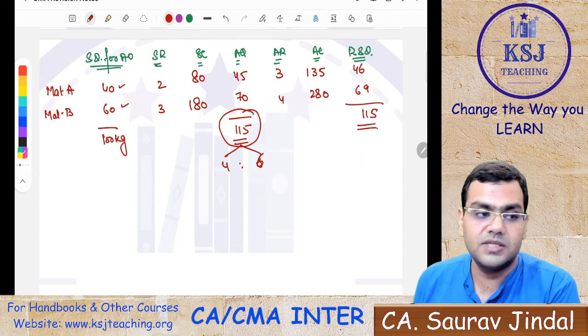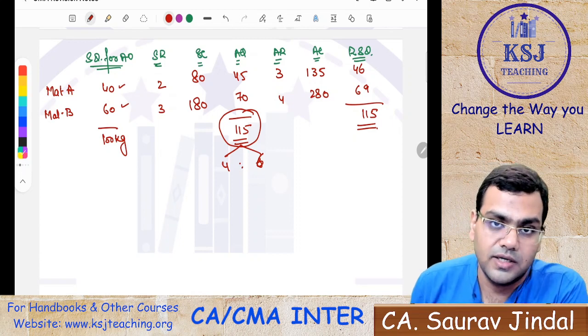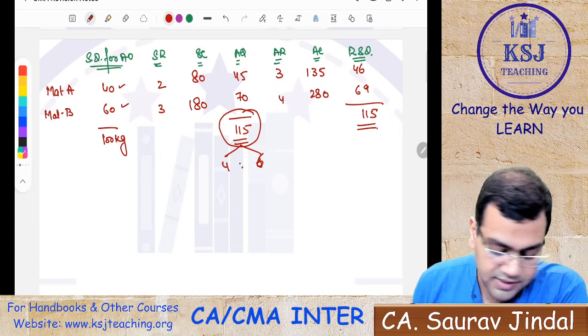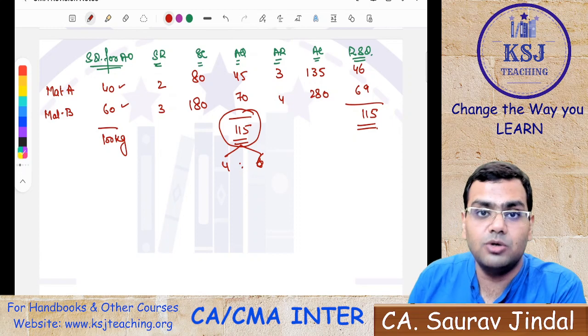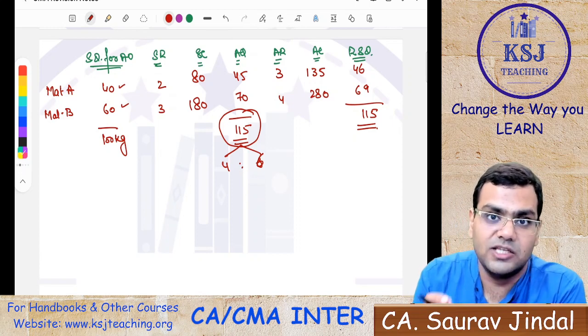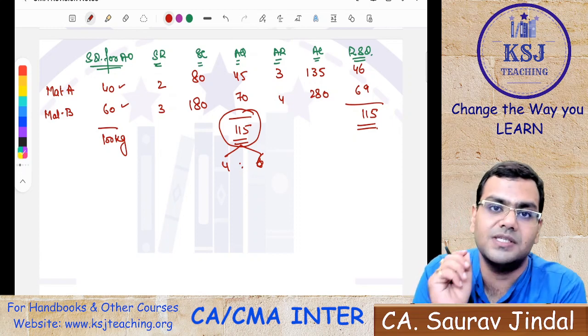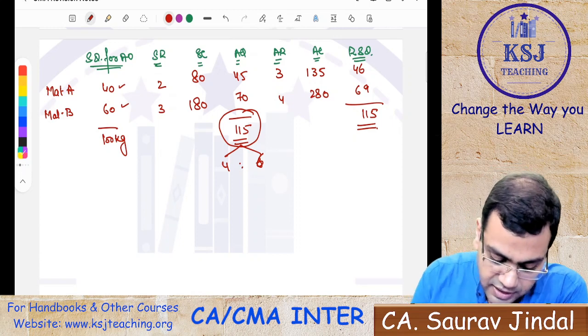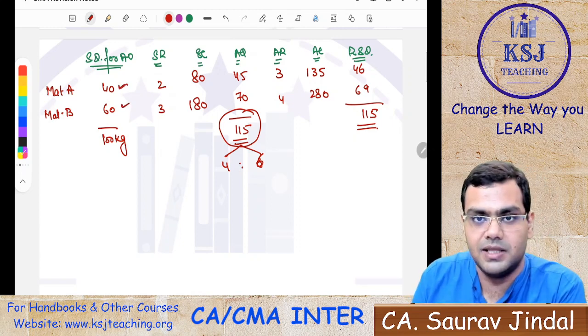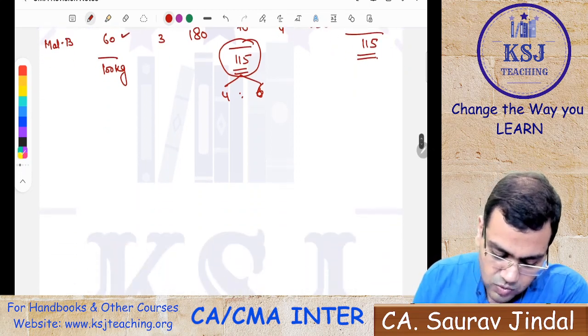This becomes your revised standard quantity. This is how you have to calculate it: distribution of total actual quantity in the ratio of the standards, in 40:60. Simple, that is your revised standard quantity.